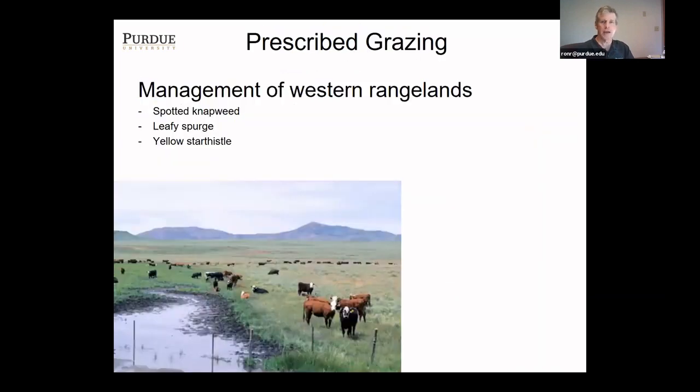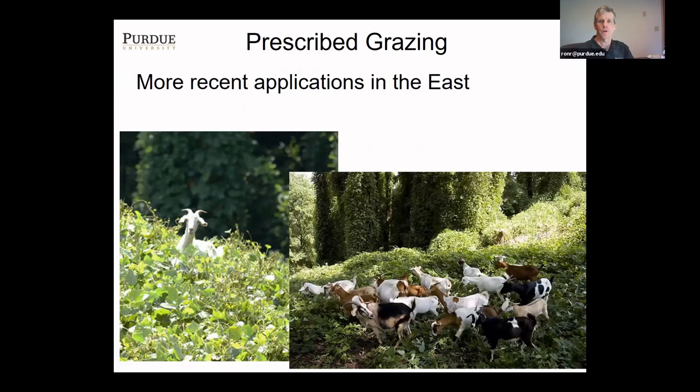And it's not a new concept. It's been used for a number of decades on Western rangelands for controlling non-native invasive weeds. And we're seeing some more recent applications in the East, notably kudzu management in the South with goats.